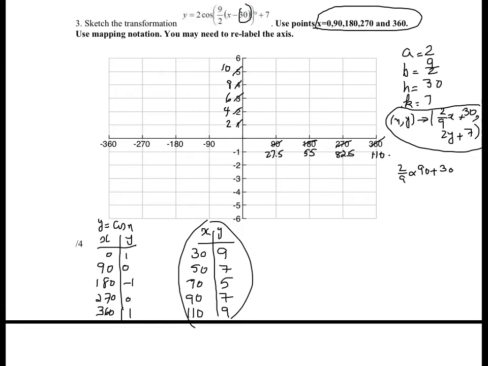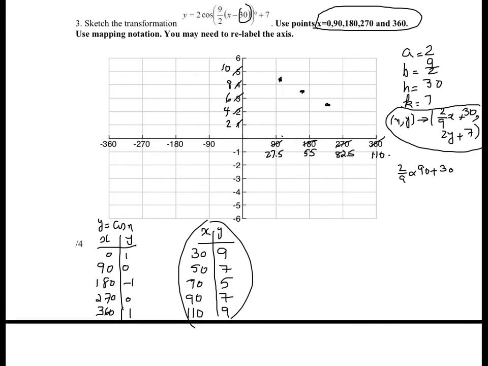Now I'm going to plot each point. The first is 30 and 9. 30 is around here, 9 is in the middle, so the point is going to be somewhere around here. The next one is 50 and 7, which is going to be somewhere around here. Then the next one is going to be 70 and 5, somewhere around here.